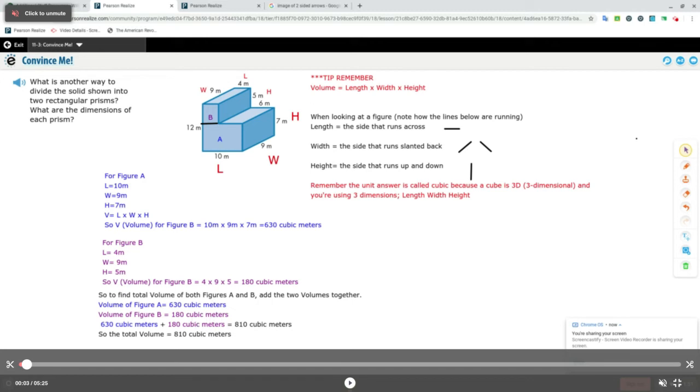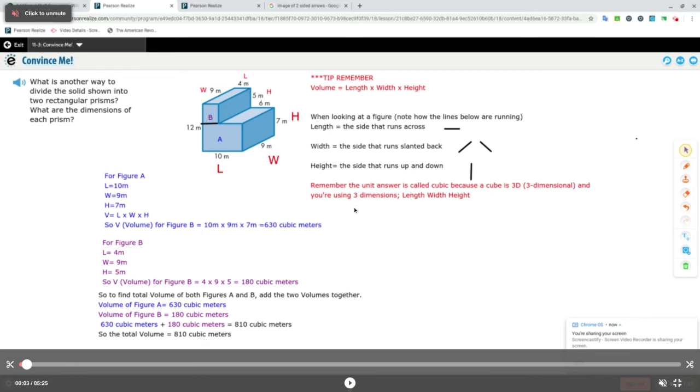So 630 cubic meters plus 180 cubic meters is going to equal 810 cubic meters. So the total volume for this entire figure here is 810 cubic meters.